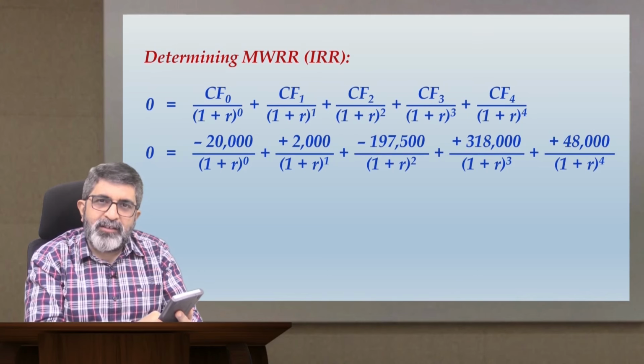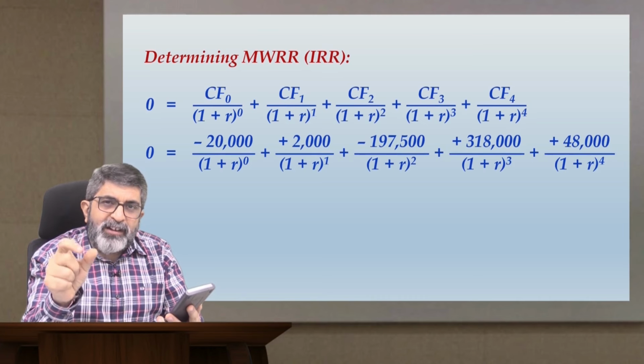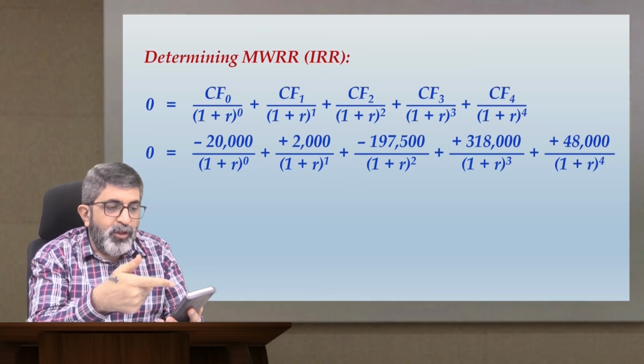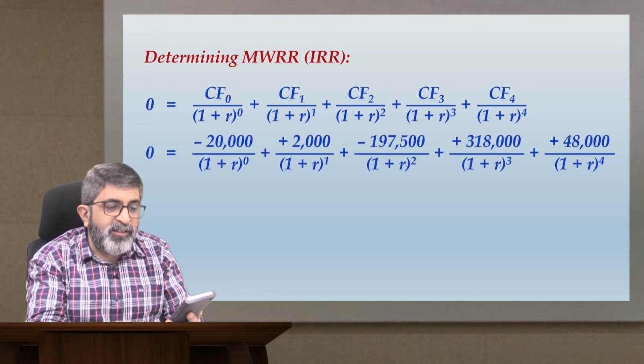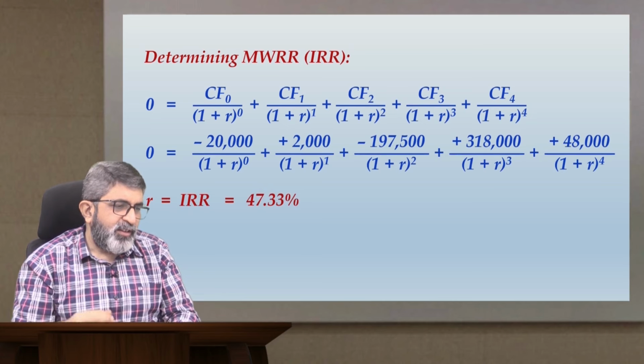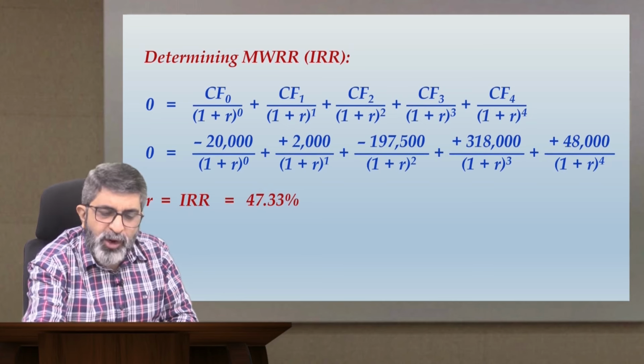You will be surprised with that result, where the time weighted rate of return we got around 19% something. The money weighted rate of return is coming to what? 47.33%, and that is what is appearing on the screen as well, 47.33%.